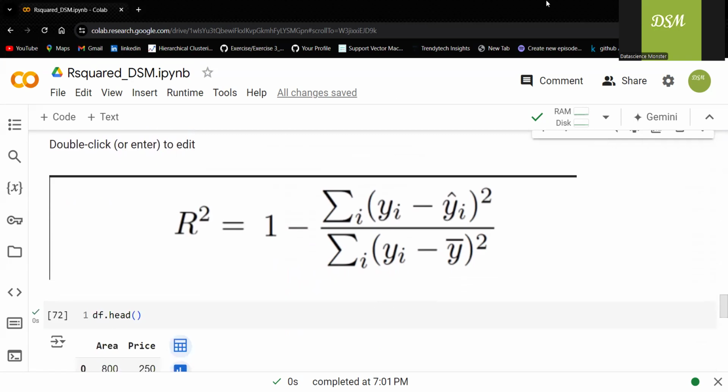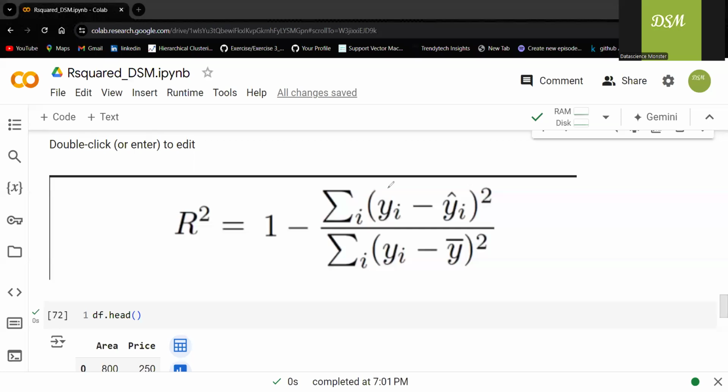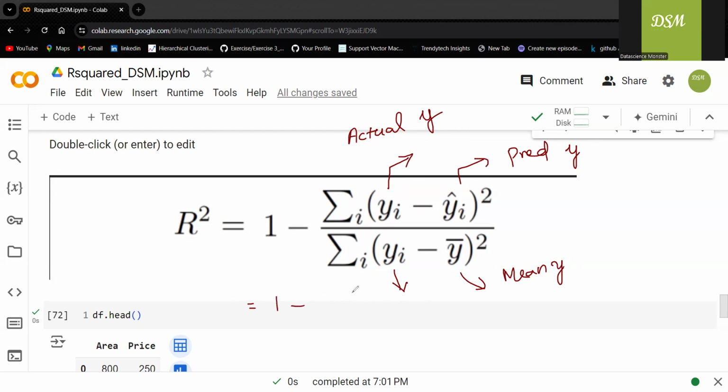It's very simple. y is nothing but the actual value of y, which is given in the data set. y hat is the predicted value of y. This is the actual y, and again this is the actual value of y, same thing. y bar is nothing but the mean of y. So in general, how is this calculated?